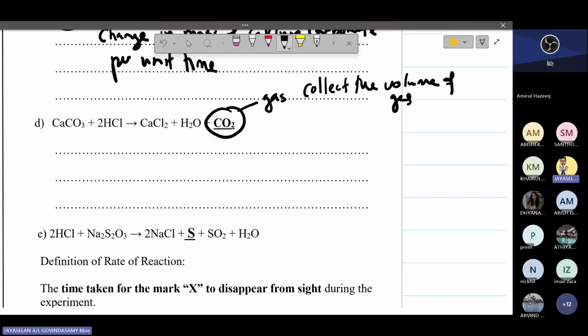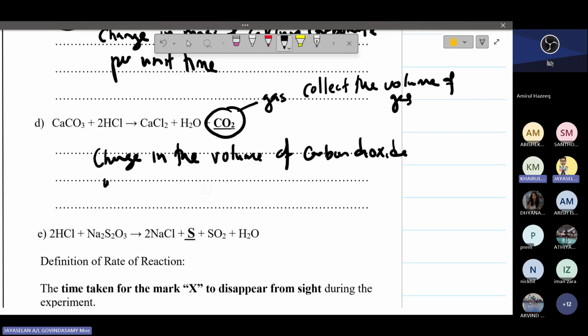You put change. Change in what measurable quantity? Change in the volume. Volume of what gas? Carbon dioxide gas. Then you put per unit time. Change in the volume of carbon dioxide gas per unit time.